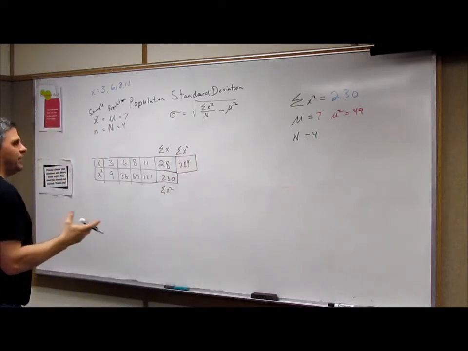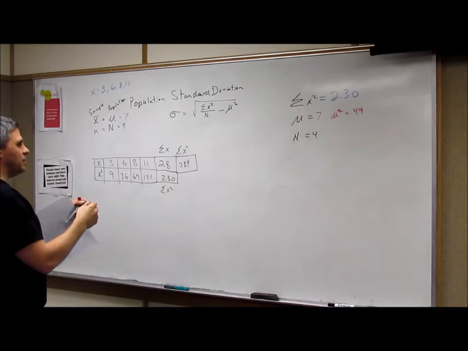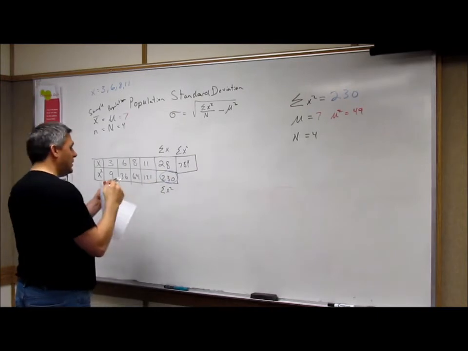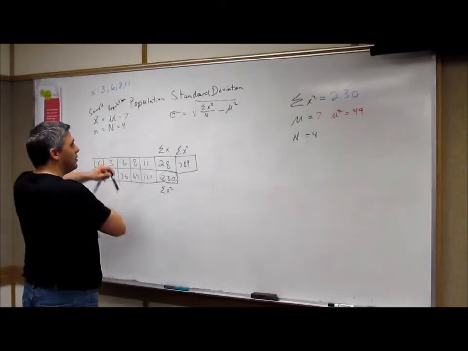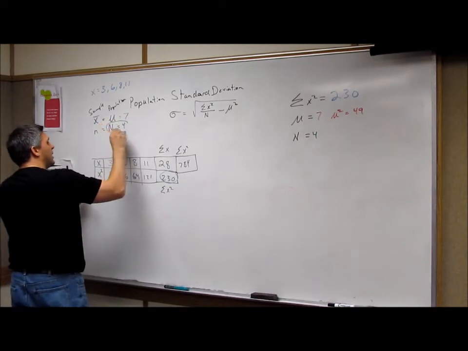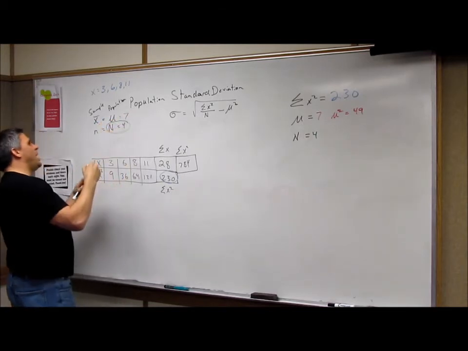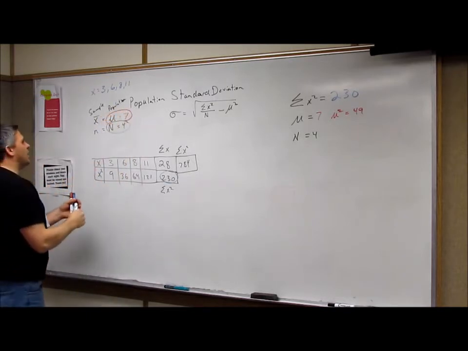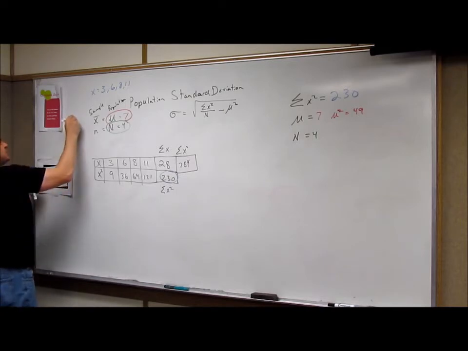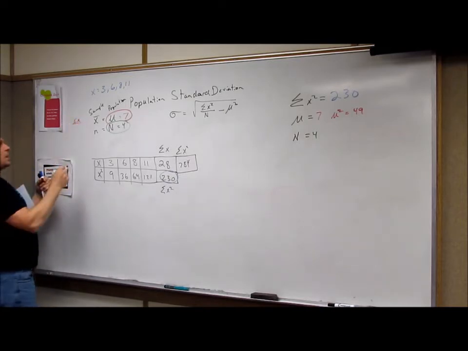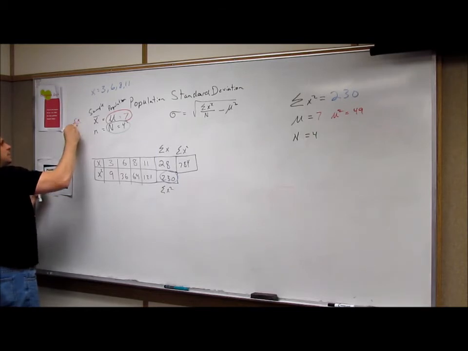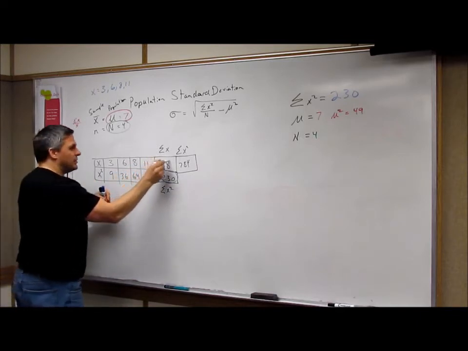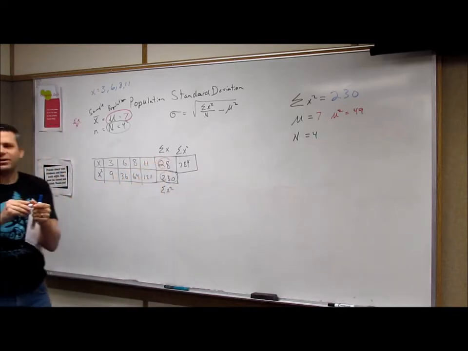For this problem, we only needed the sum of x squared and the mean, which is the sum of the x's divided by n. So we kind of needed that, but we already found the answer.